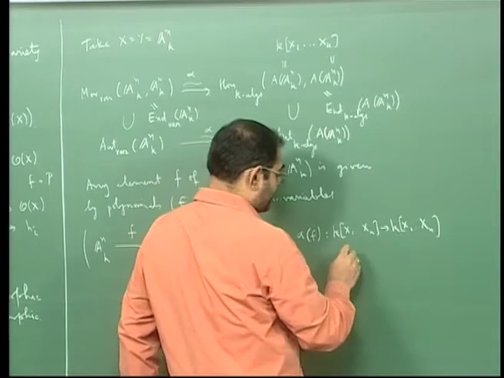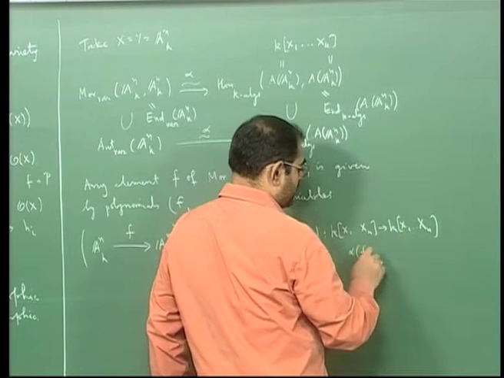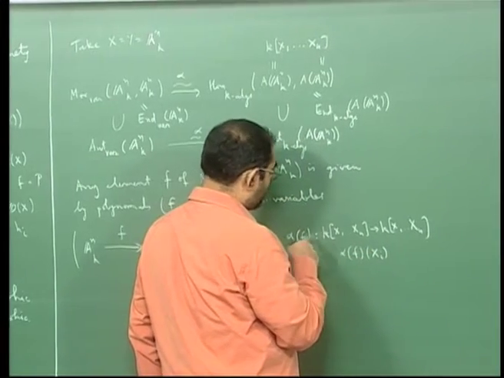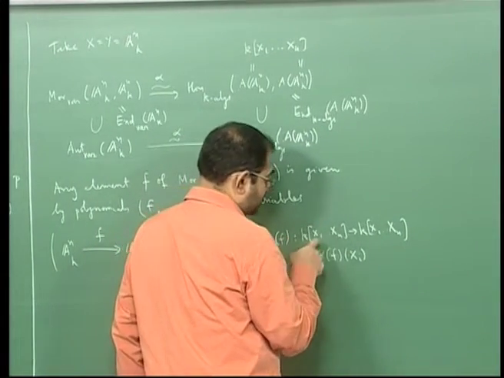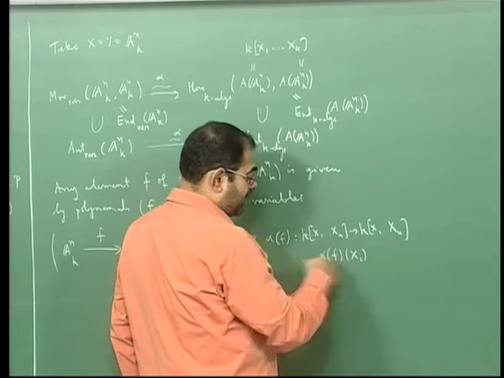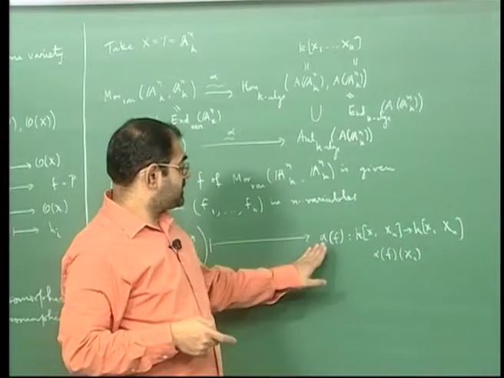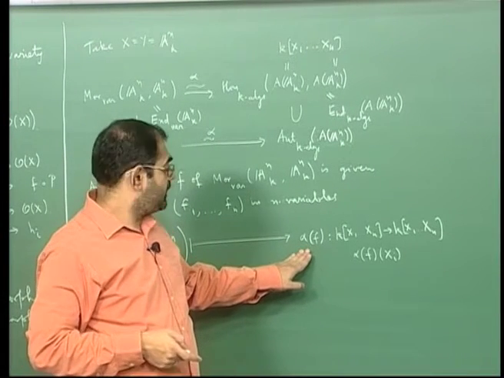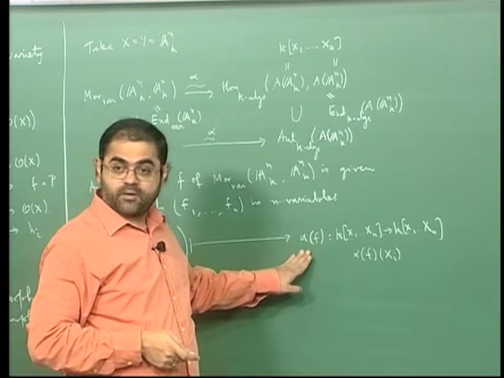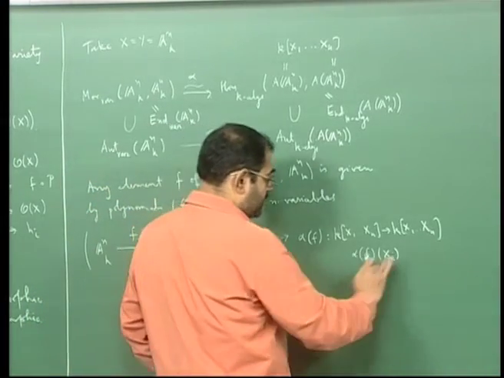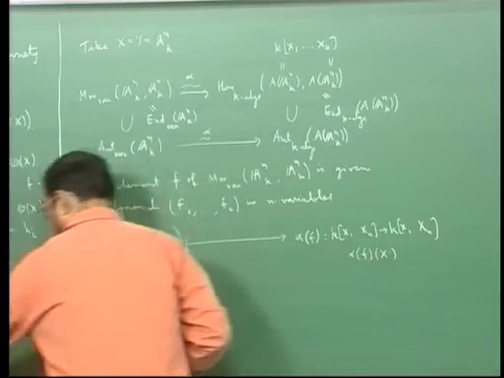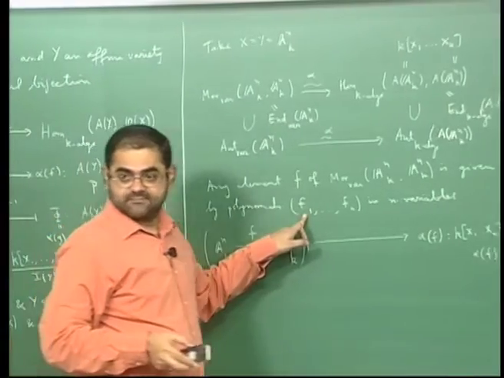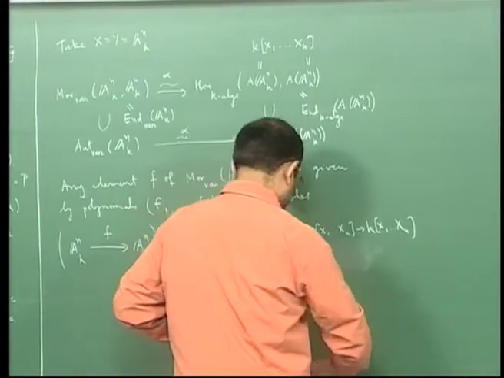So if I take alpha f of xi, this n-tuple dictates the k algebra homomorphism alpha of f because of the universal property of the polynomial ring. And it's these alpha f of xi's that I am calling fi's.